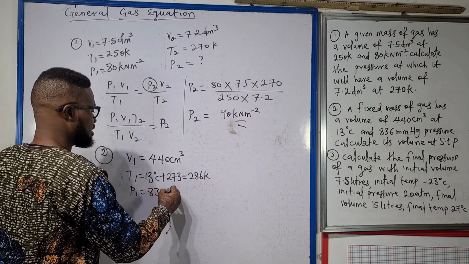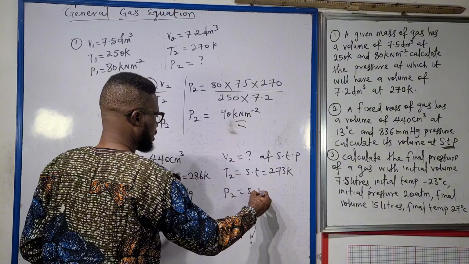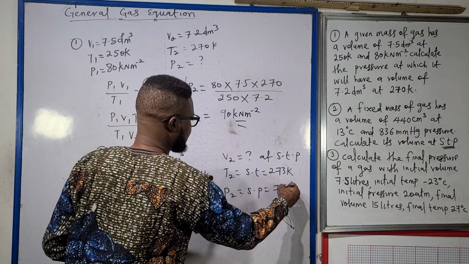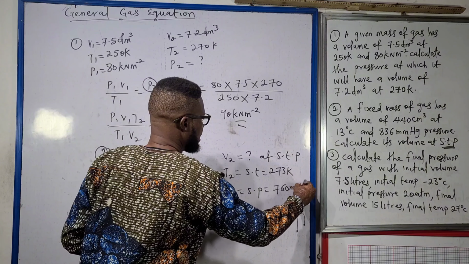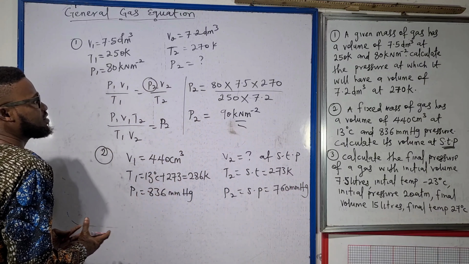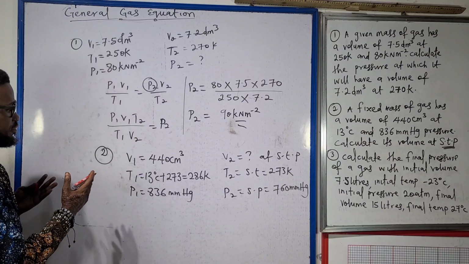At STP, you need to understand that our T2 is going to be the standard temperature, and that's 273 Kelvin. Our P2 is going to be the standard pressure, and that is 760 millimeter mercury. So having this, we are looking for V2.